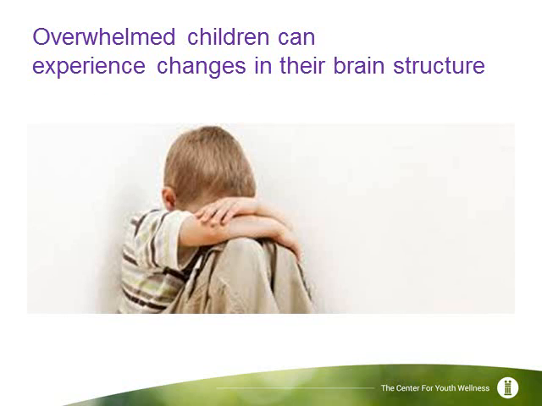Overwhelmed children can experience changes in their brain structure. Since a child's brain is activated by everything it encounters, it can be overwhelmed by stress. When the brain experiences stress, the body's alarm system is activated. If the stress is relieved quickly by healthy caregiving, the body's system easily returns to normal.